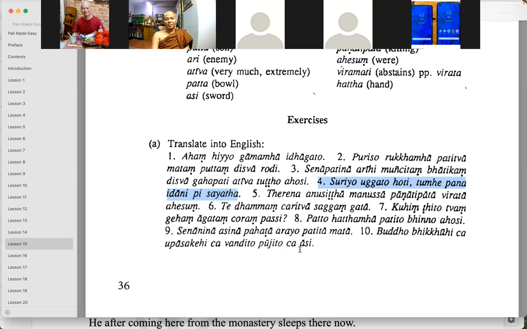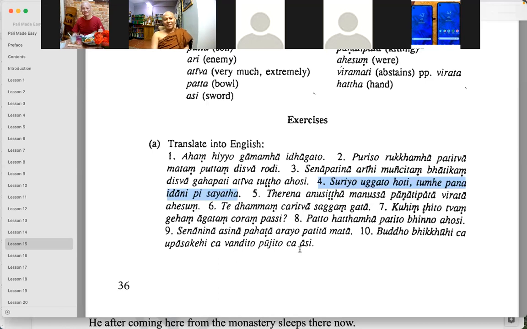So tumhe is you all, pana is but, idani is now, pi I put as still. Sayatha is lying down or sleeping. So the whole sentence is: the sun has arisen, but you all are still sleeping now. Great work. Thank you, Bante. Sadhu.